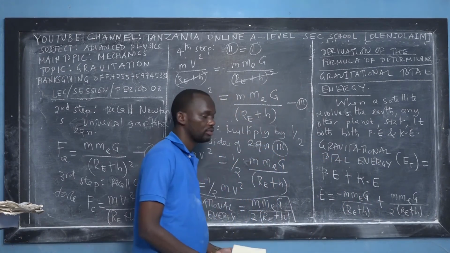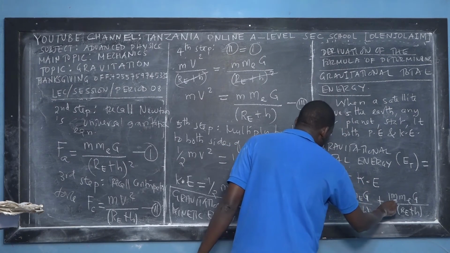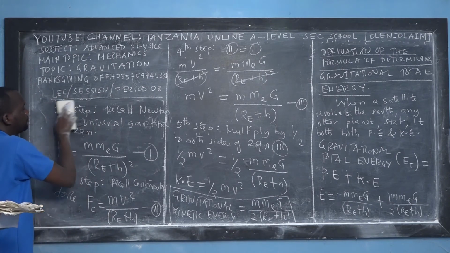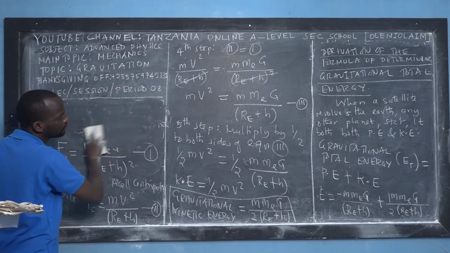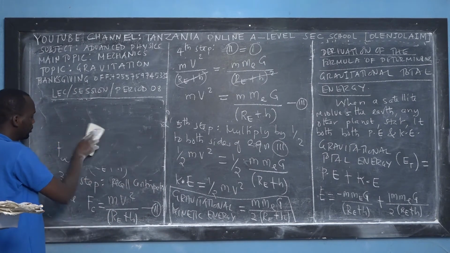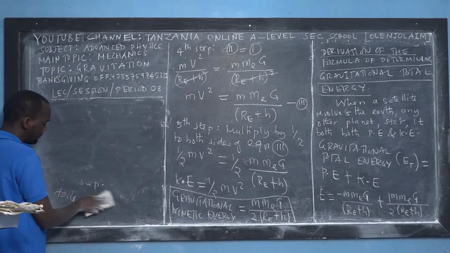What do you get? You have -1 plus a half, so the answer will be -1/2.